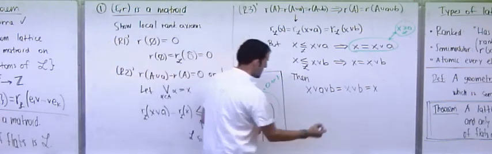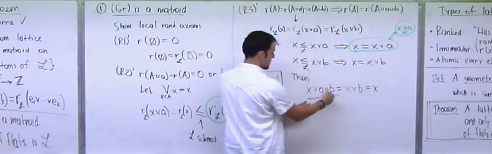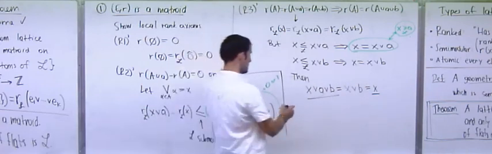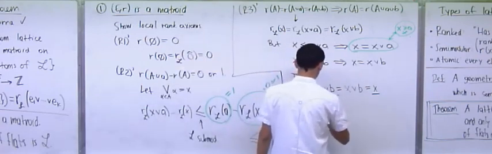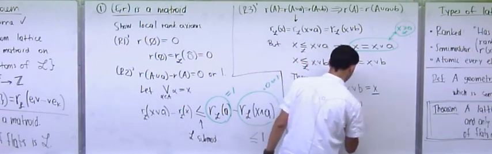But, so what did I show? I showed that X join A join B is equal to X, and therefore they have the same rank. The rank of X join A join B is equal to the rank of X in the lattice.